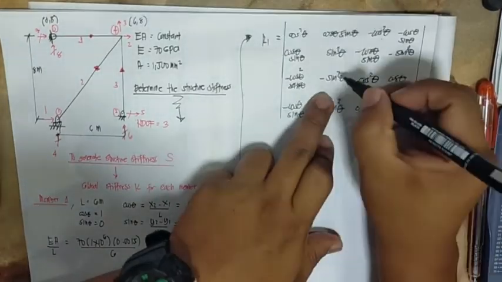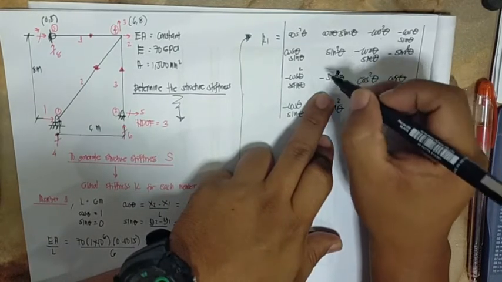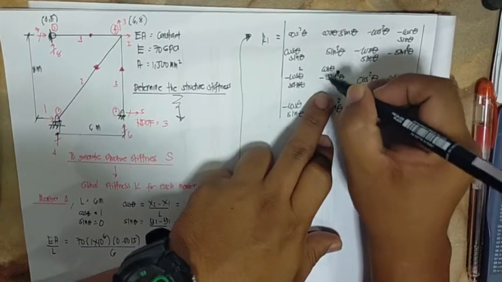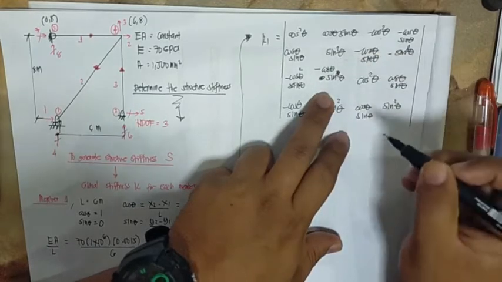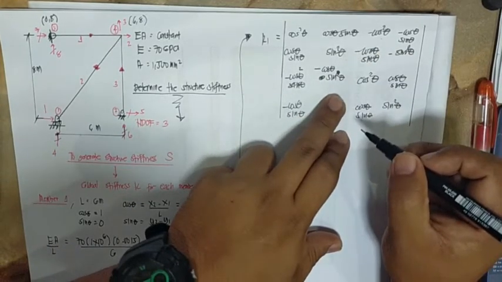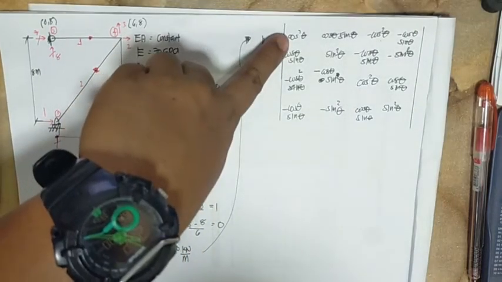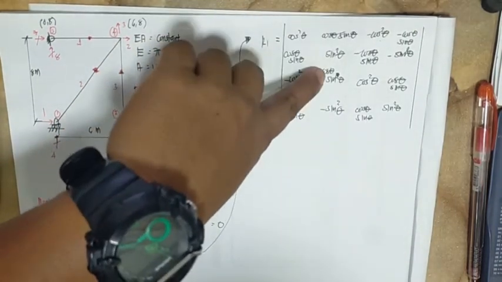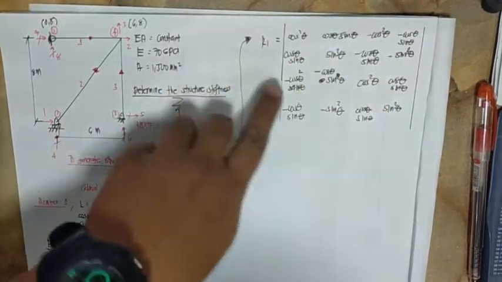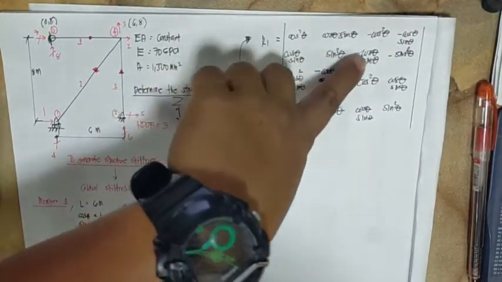Okay, wait. This is negative cosine theta sine theta, cosine squared. Okay. So, alternate the signs: positive, negative, positive, negative, negative, positive, negative, positive.